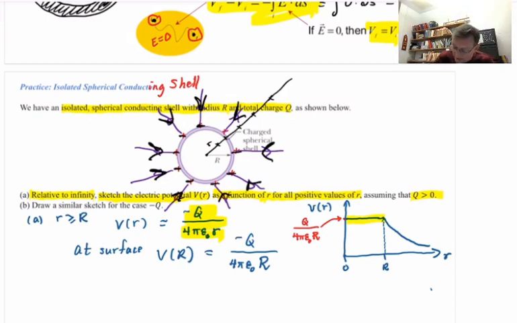So it just looks like this one over here, except it's on the negative side. Negative big Q over 4 pi epsilon 0 big R. And then we're constant at that value up to the surface, and then we just asymptotically approach 0. But that's what it would look like, the potential, if we had a negatively charged shell.